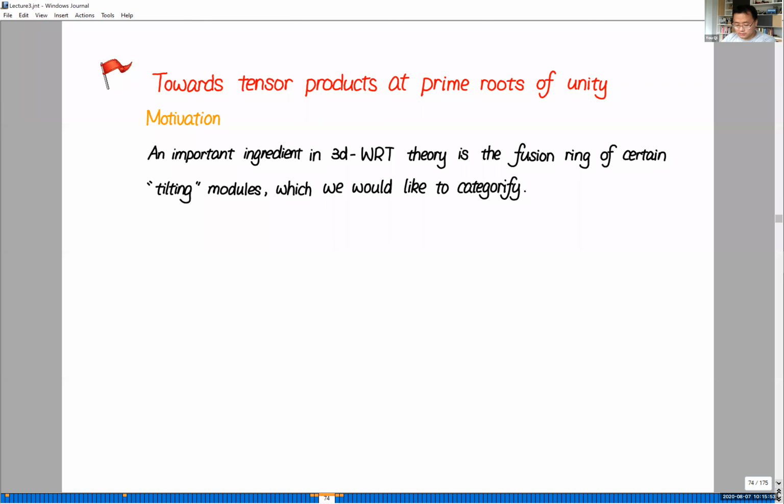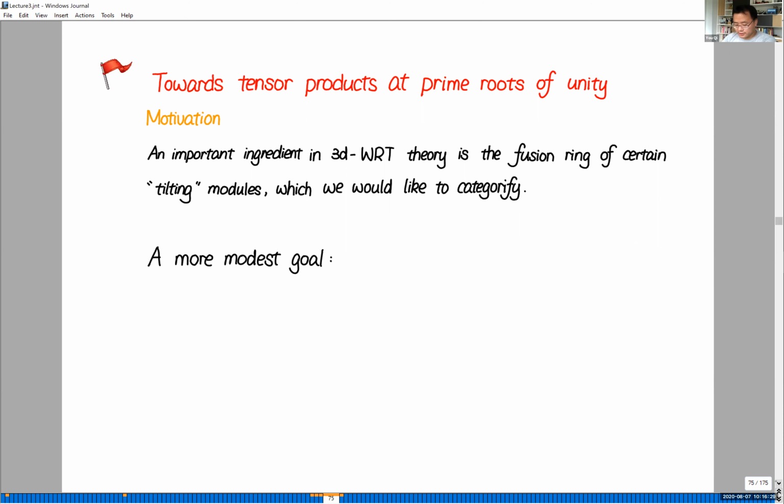Essentially, you restrict your weights of SO2 representations to a certain region called the fundamental alcove, and throw away all the representations that are outside it in a systematic way. You throw away all the negligible modules and morphisms in the representation category, and the resulting tensor representation category of quantum groups at roots of unity is called the fusion category of tilting modules.